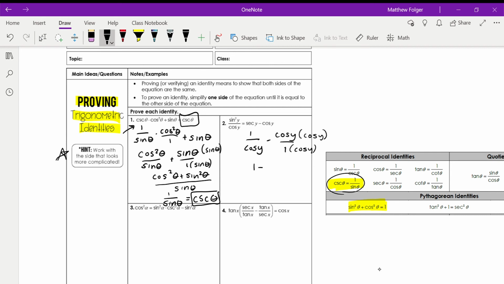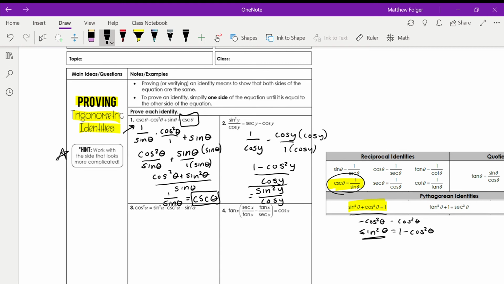We have 1 minus cos squared y over cos y. We're actually almost done here. 1 minus cos squared y is, if you look at this identity down here, subtract cos squared theta from each side, you have 1 minus cos squared theta is equal to just sine squared theta. So what we have is sine squared y over cos y.